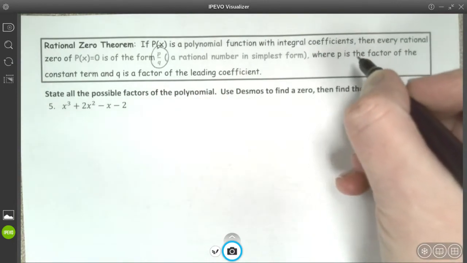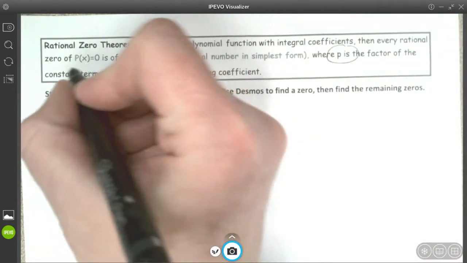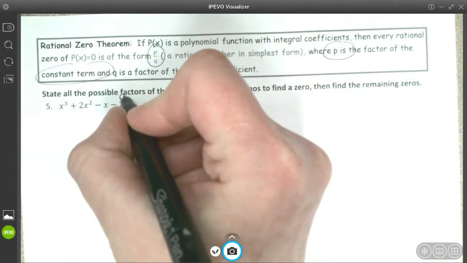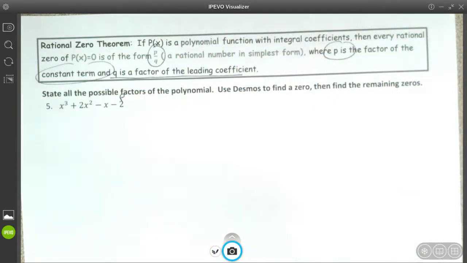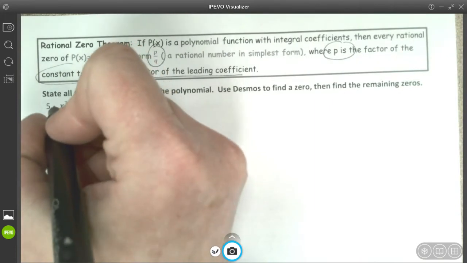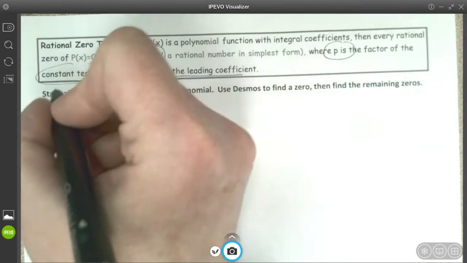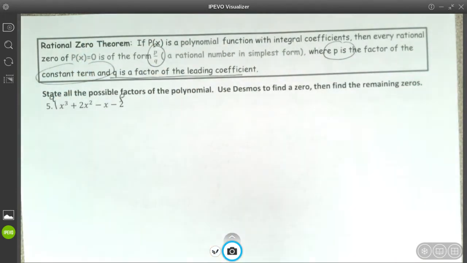It says P is the constant, so that's my P, and Q is a factor of the leading coefficient. So there's an invisible 1 there, so that means that Q is 1.